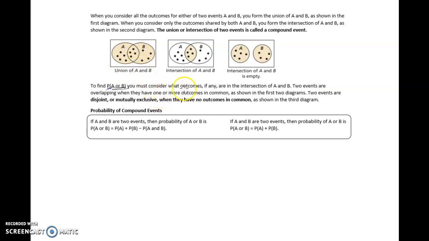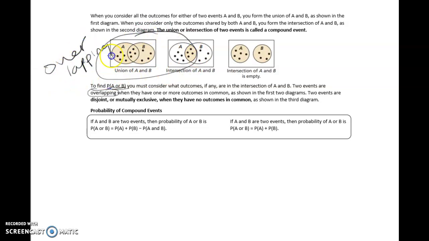Two events are overlapping when they have one or more outcomes in common, as shown in the first diagram. So here, if we were to say A or B, these both have this overlapping area in the middle, and those things are going to be called overlapping.